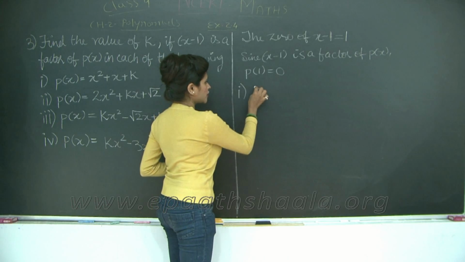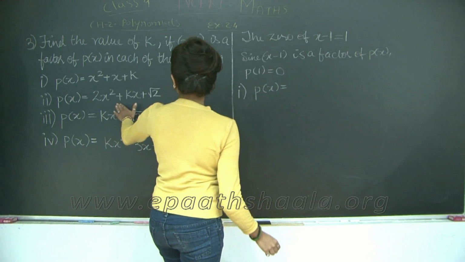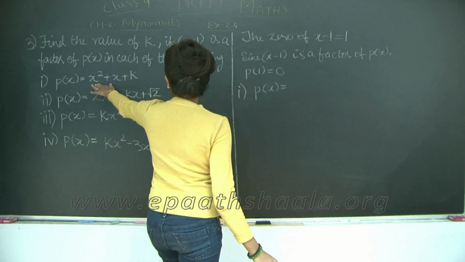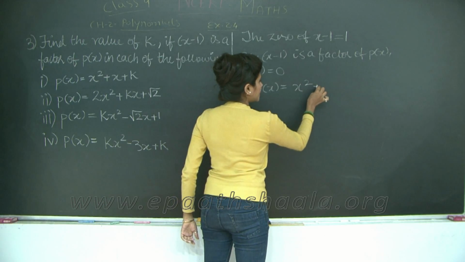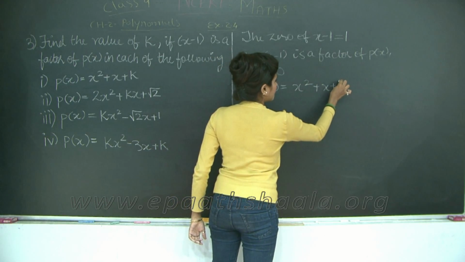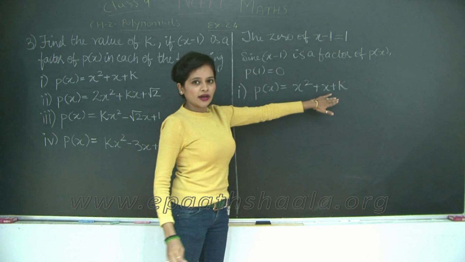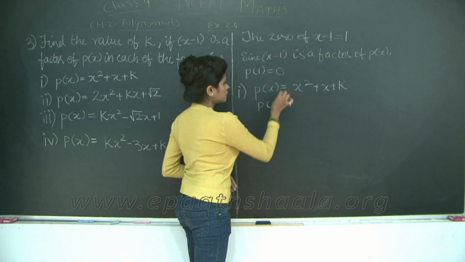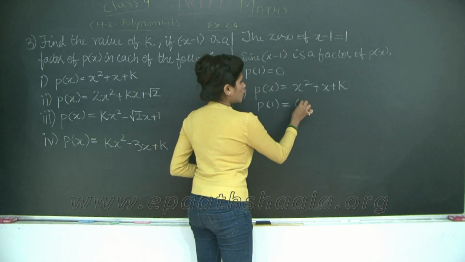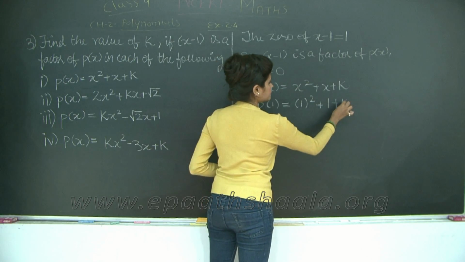So, my first question, the polynomial is x square plus x plus k. Substituting x is equal to 1 in this, I get p(1) is equal to 1 square plus 1 plus k.